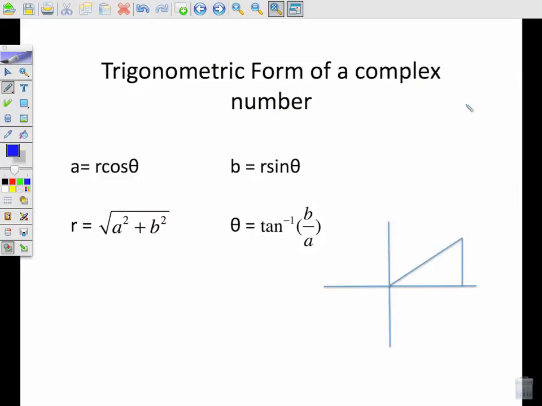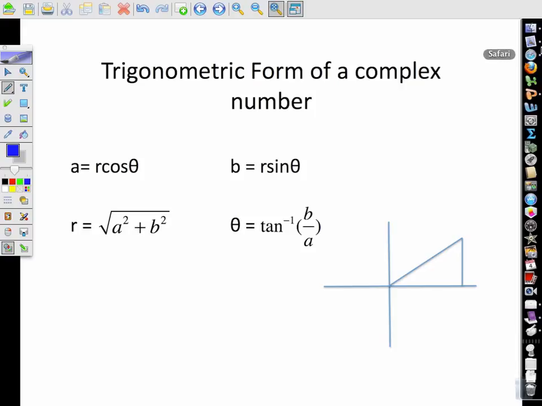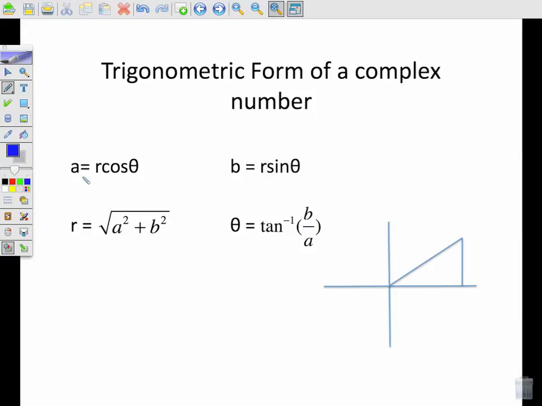All right, the next thing that we're going to look at is how to take and write a number in trigonometric form. Trigonometric form of a complex number. First of all, here are a couple things. Your a value is equal to r cosine theta, and r is the length of the distance between the origin and the point.